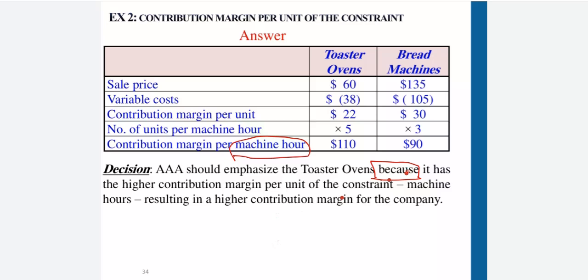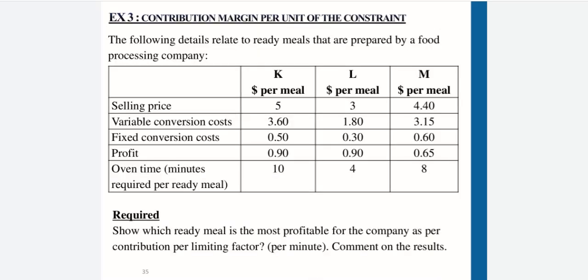Okay? Now, let's take the final example. Another one. The following details relate to ready meals that are prepared by a food processing company.